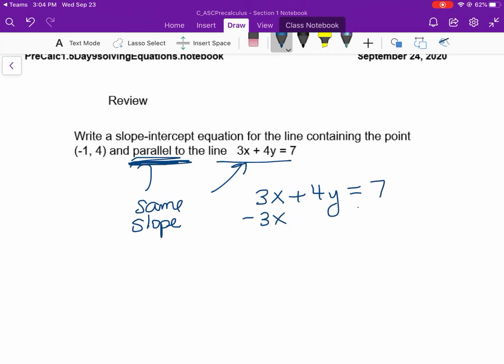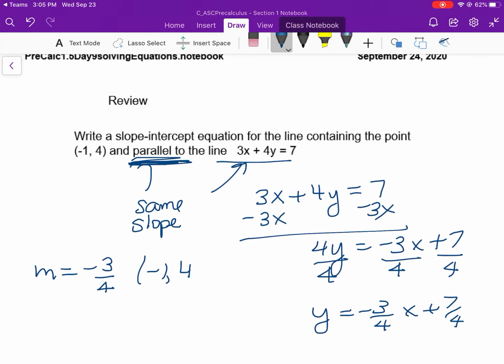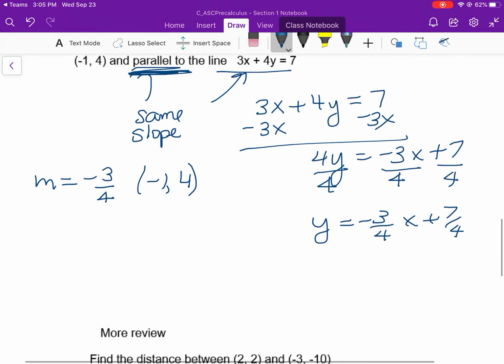So subtract 3x. So I get 4y equals negative 3x plus 7. Divide by 4. I only care about the slope. So y equals negative 3/4 x plus 7/4. But my slope is negative 3/4. That's the important thing, and I'm using the point negative 1, 4. If it were perpendicular to that line, I'd flip and negate.